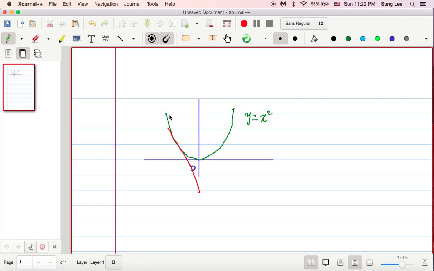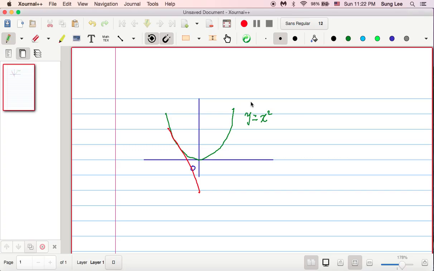the slope of the tangent line is what? Negative. Okay, the slope of the tangent line is negative. So we see the relationship between the sign of f prime of x and the graph of a function being decreasing.